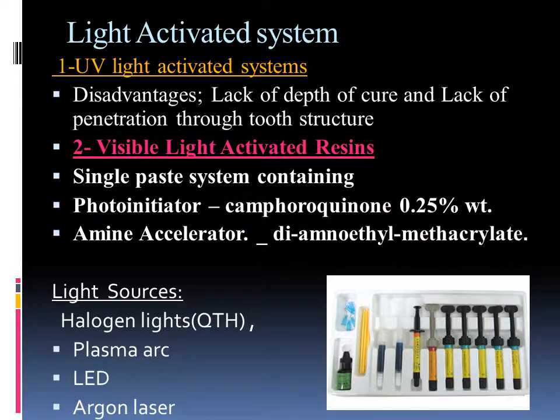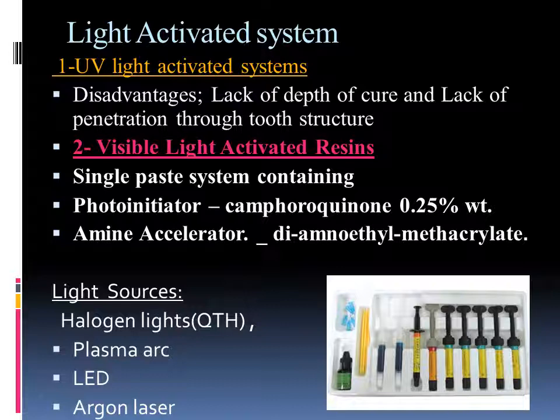Now, the light activated systems: basically two types, the UV light activated systems and the visible light activated systems. The UV light activated system was discontinued because of various disadvantages like lack of penetration into the tooth structure and lack of depth of cure. The recent system is the visible light activated resin, which is basically a single paste system.